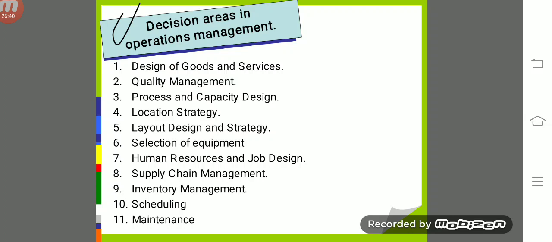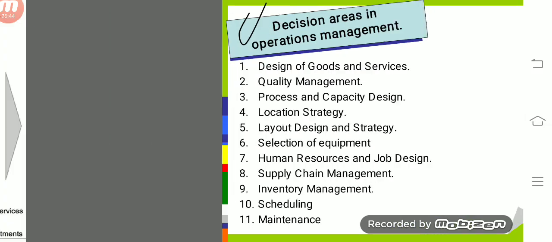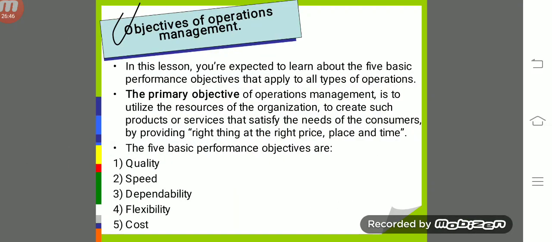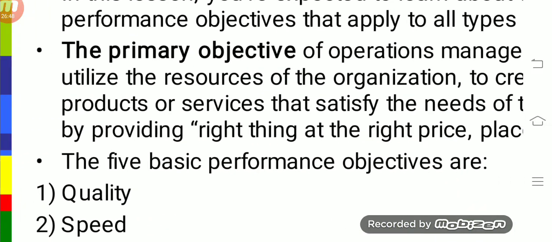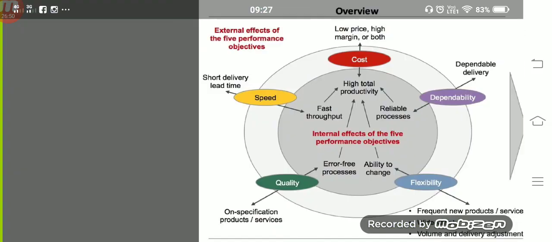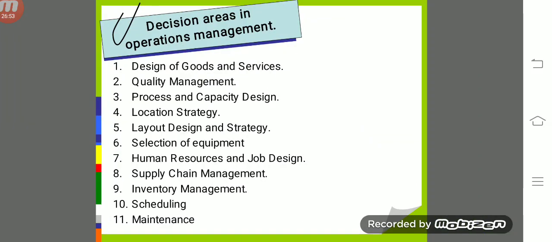Okay, the second point is quality management. Quality is also a role, or decision area, in operation management. Quality of the product and quality of the services are also decided by production and operation management. Like, at a particular price rate, which quality must we provide to customers?